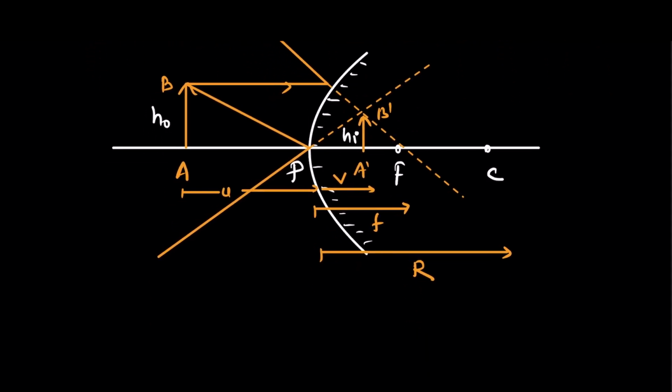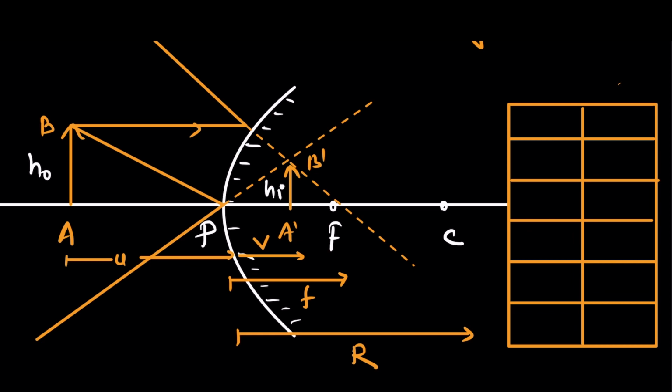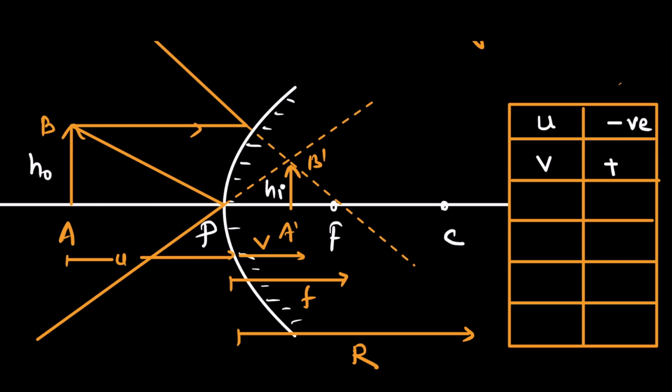So if we make our table, here U is the distance between object and the pole, which is on the left side, so it will be considered as negative. V is the distance between image and the pole, that is on the right side, so it will be considered as positive.